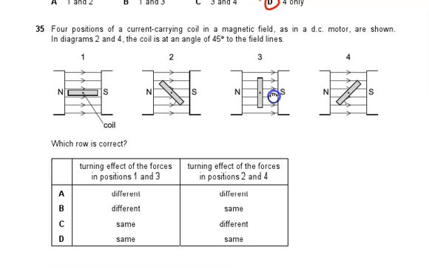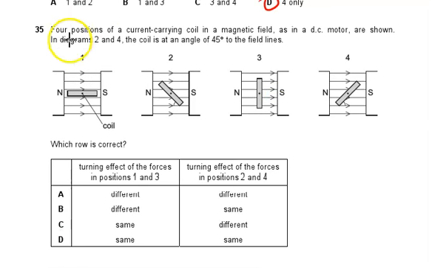Okay, number 35. Four positions of the current carrying coil in a magnetic field, as in a DC motor, are shown. In diagrams 2 and 4, the coil is at 45 degrees to the field lines. Okay, so which row is correct?